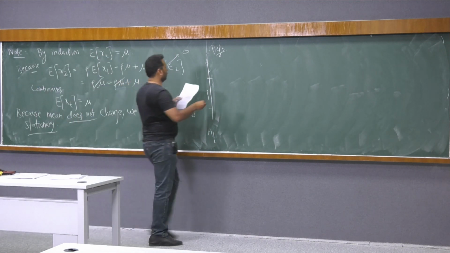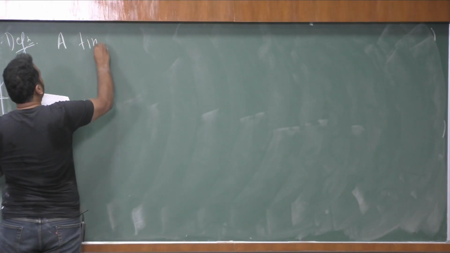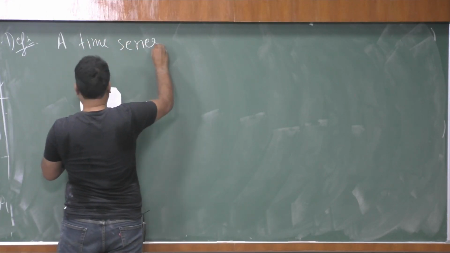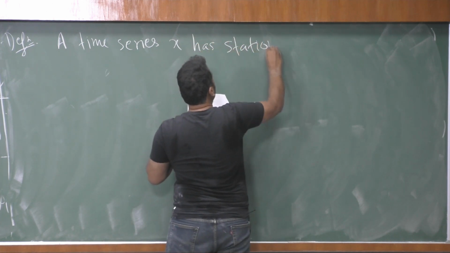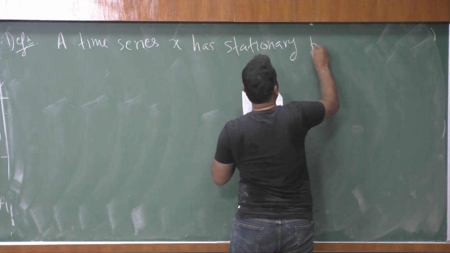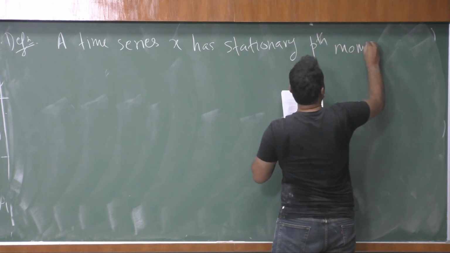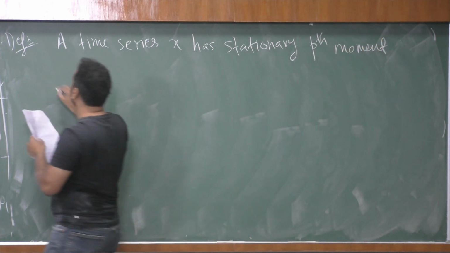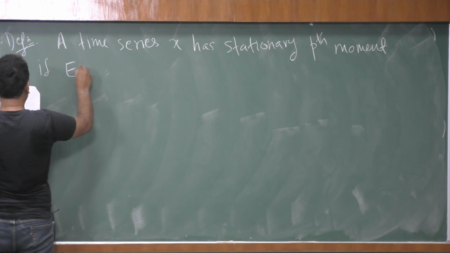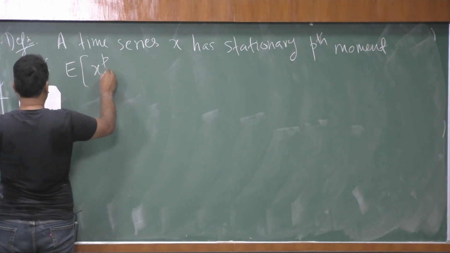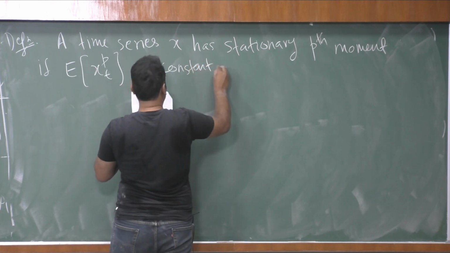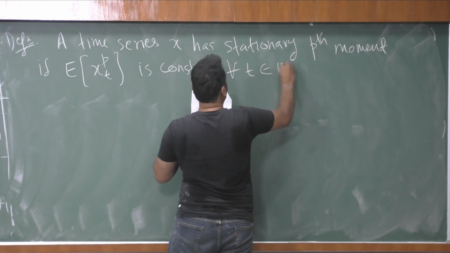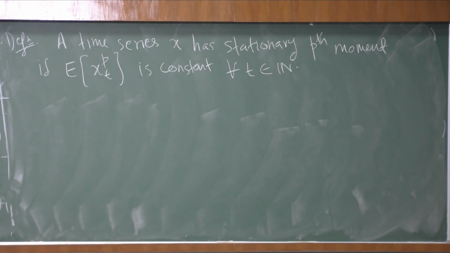So a time series x has stationary pth moment if expectation of x^p is constant for all t, for all time basically. So we have just extended this definition of stationary to the pth moment.